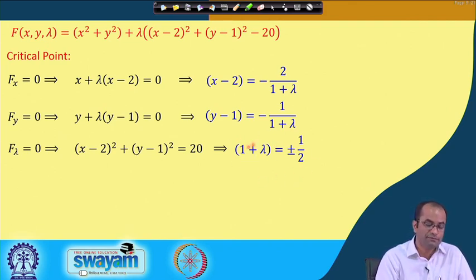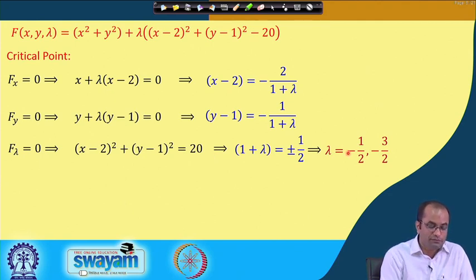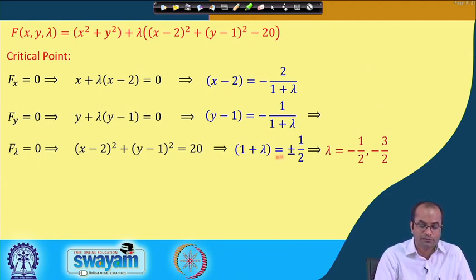Once we have the lambda here, we can get x and then corresponding y from this first and the second equations. So, from here we get lambda as minus half and minus 3 by 2. These are the possibilities which will finally satisfy this equation. From this equation, when lambda is minus half, we will get y as minus 1, when lambda is minus 3 by 2, we will get 3, and from the first equation we will get x as minus 2 and 6.